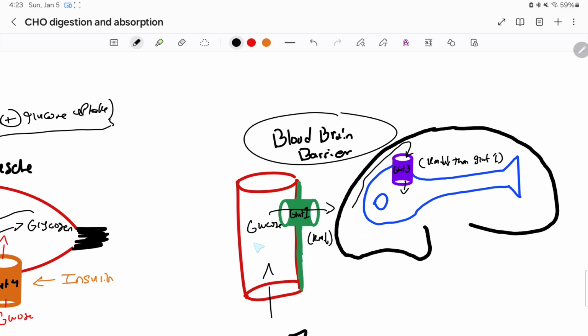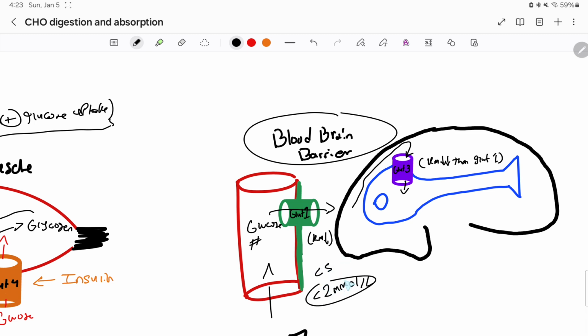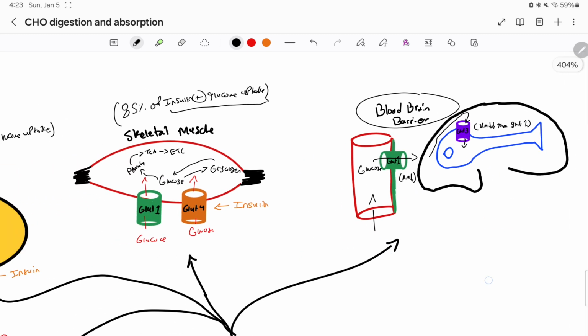It relies more on the number of glucose than the affinity for it, okay? Which means what? Which means that a low glucose concentration could actually limit the amount of glucose getting into the brain. However, it has been shown that it is not until the blood glucose concentration falls less than 2 millimoles per liter that brain function becomes impaired, okay? So even at less than 5, all the way to 2, the brain function remains fine, okay? So that's just that little bit of tidbit, okay?